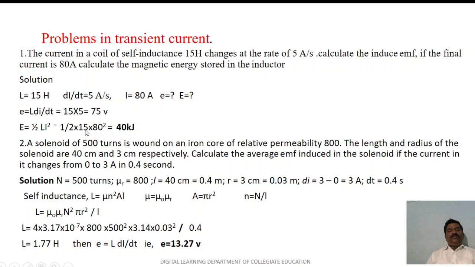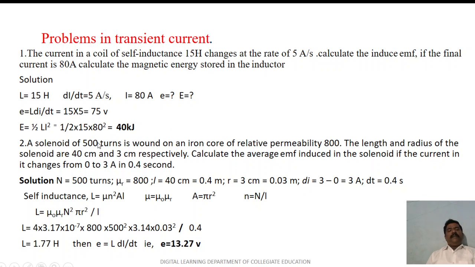So half into 15 into 80 square is equal to 40 kilojoules of energy. This is the magnetic energy stored in the inductor, 40 kilojoules.